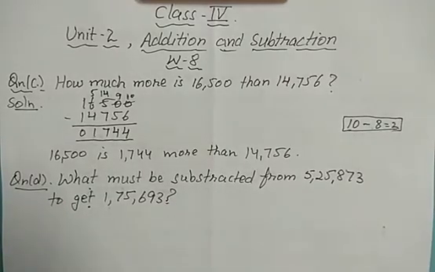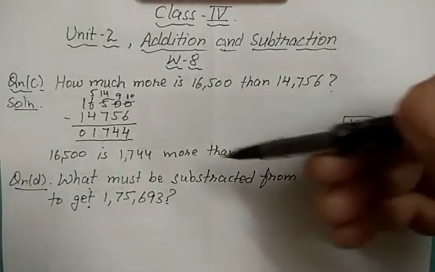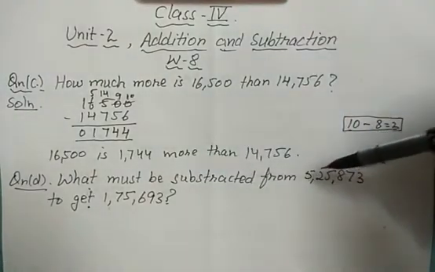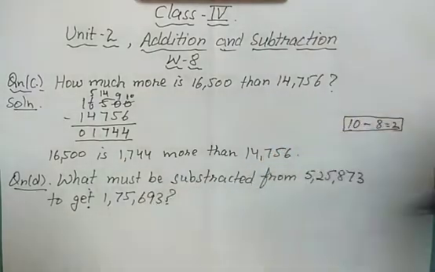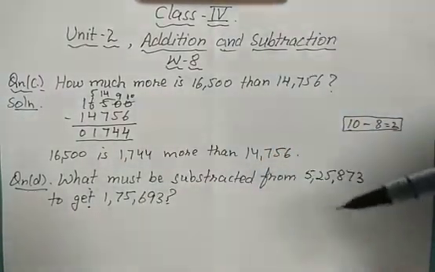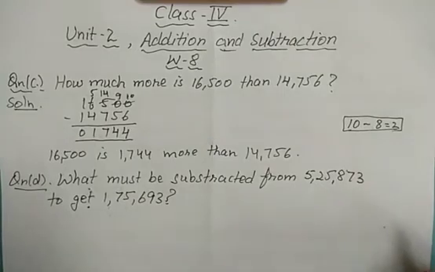So here is the question. The question is, what must be subtracted from this? That means we need a number which is subtracted from this, and we will get this answer. To understand this question, we'll take smaller digits again.